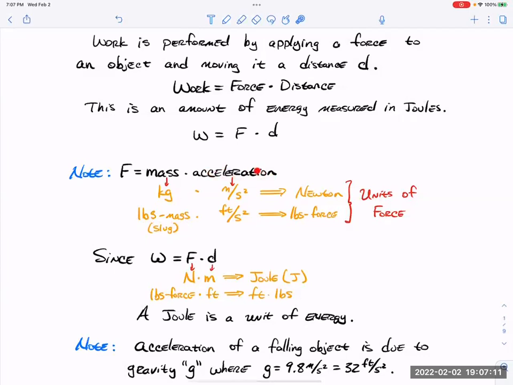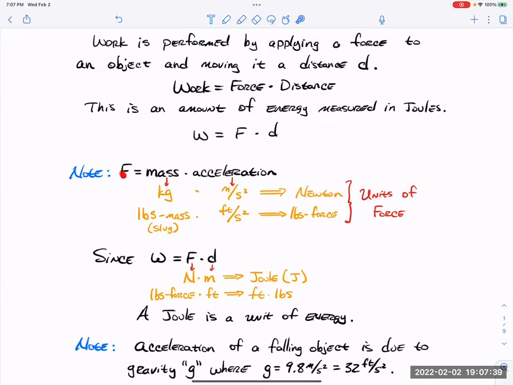And then acceleration in customary units is feet per second, so that's feet per second squared. And so force is pounds mass times feet per second squared, which we usually say as pounds force, okay, in the American unit. So when we get to our problems, this is not going to cause any issues here, but you'll see when we get there. Pounds force is units of force, okay?